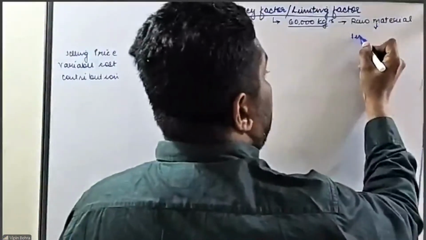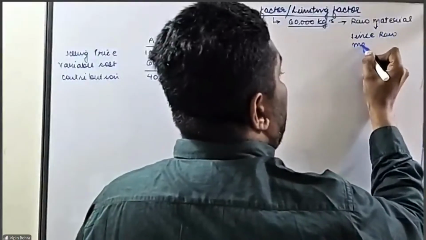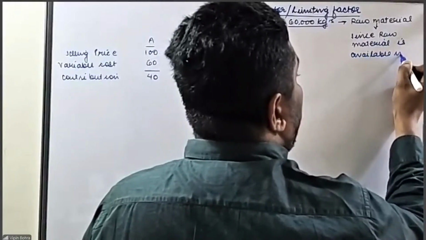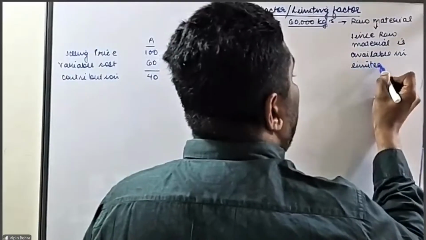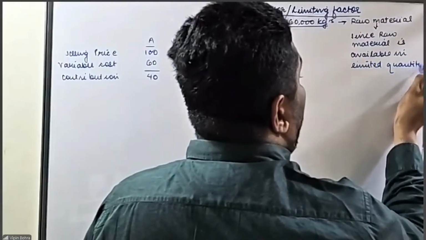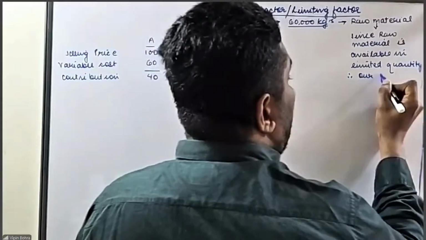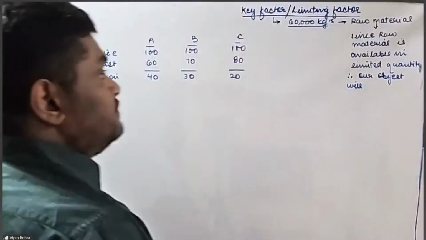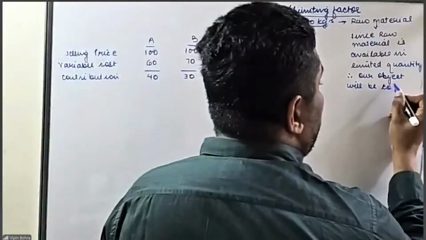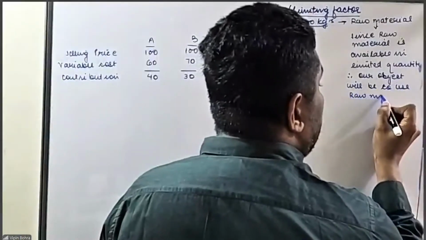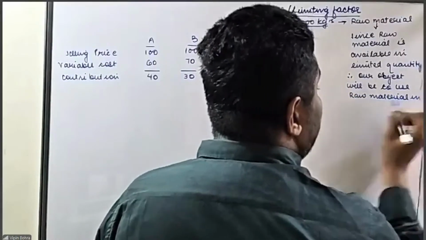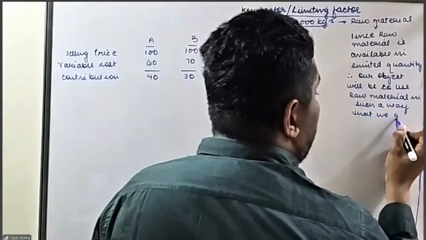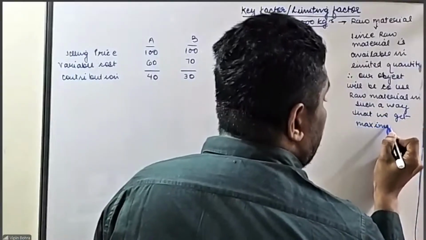So since raw material is available in limited quantity, therefore our object will be to use raw material in such a way that we get maximum profit.